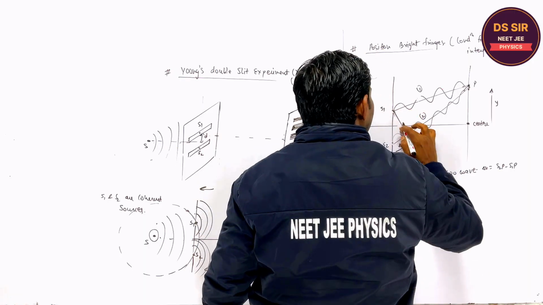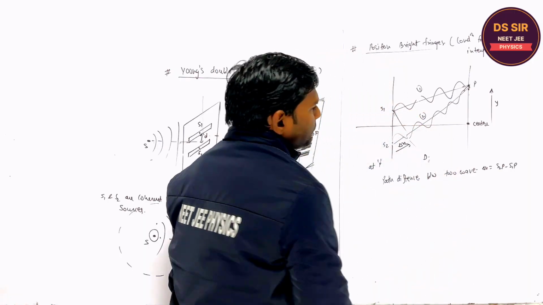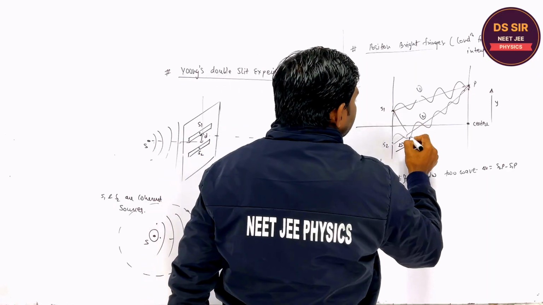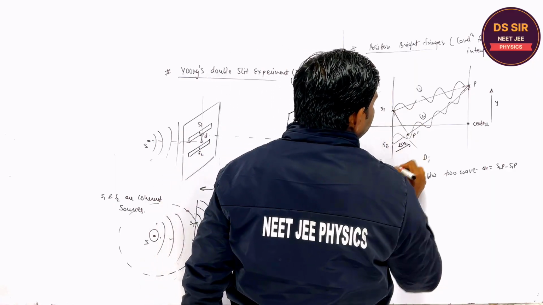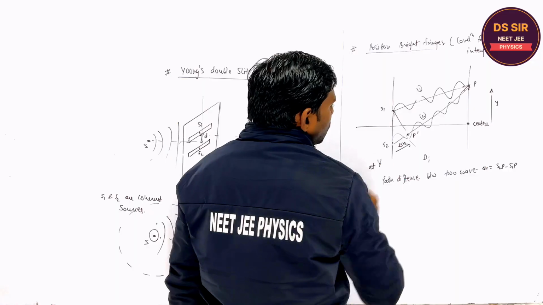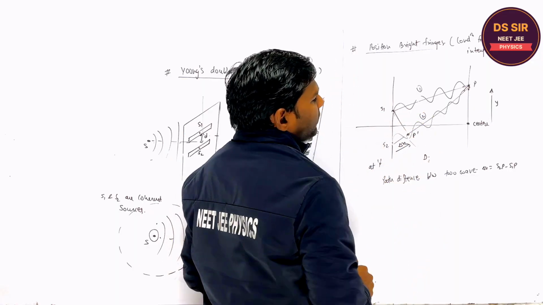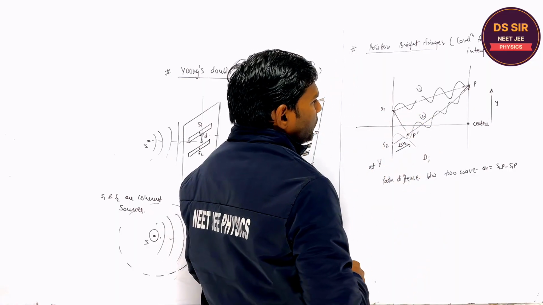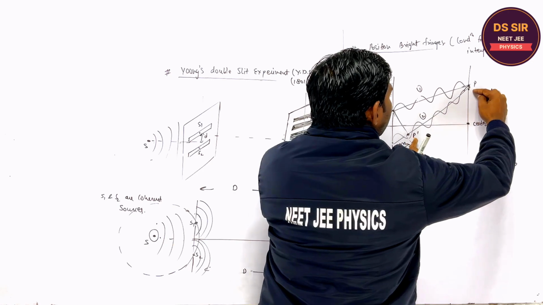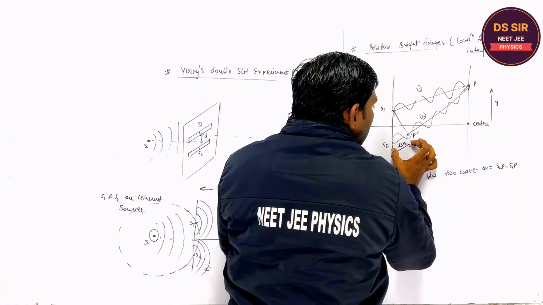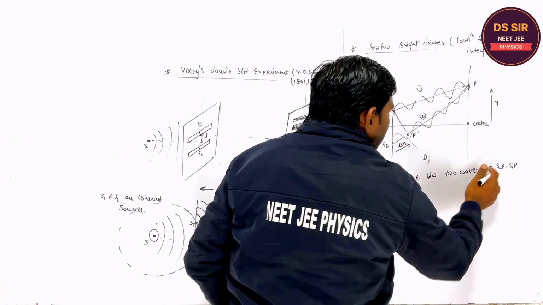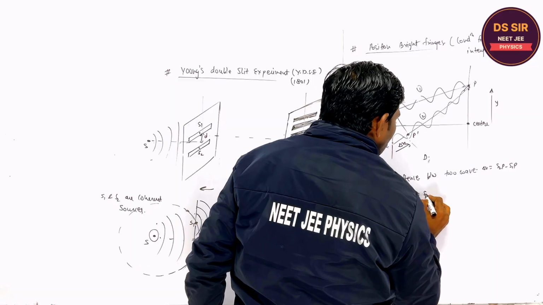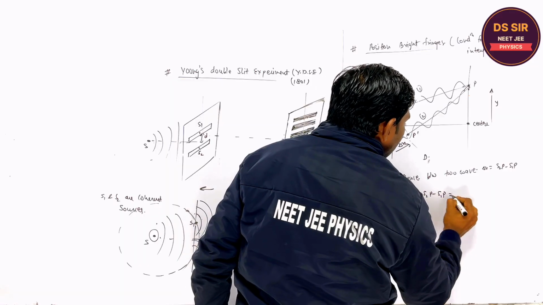You make the perpendicular over here, suppose. So this is the distance, this P dash, you may assume. So what is this? This is the path difference, because S1P and PP dash both are equal. So this is the extra path. It means delta X is equal to S2P minus S1P is equal to what?